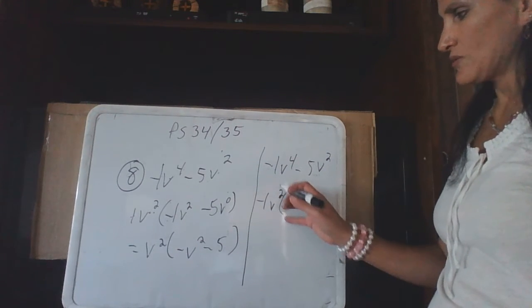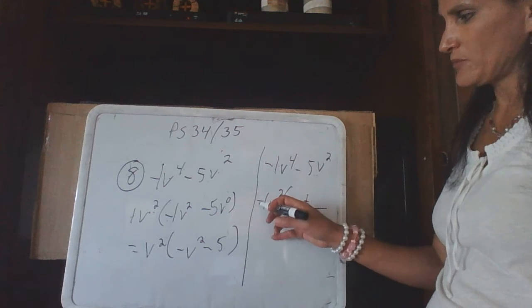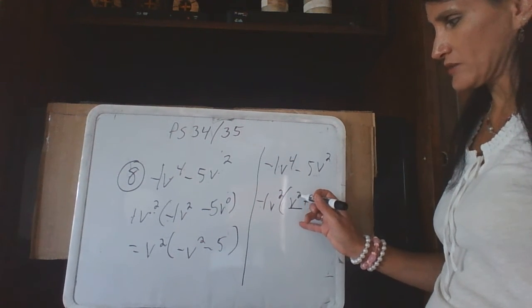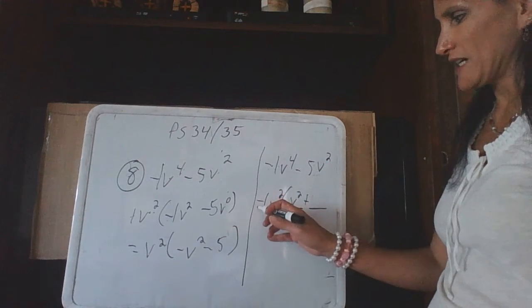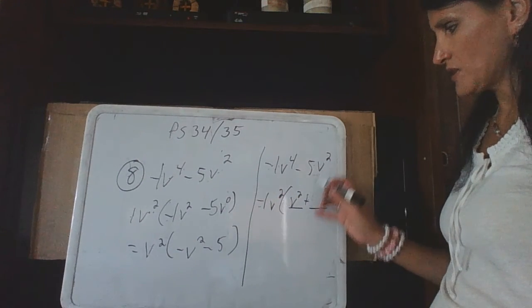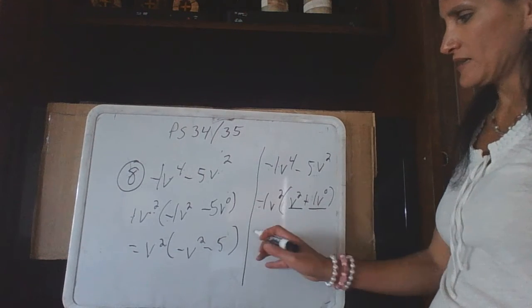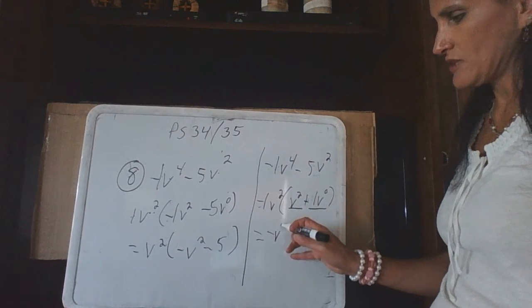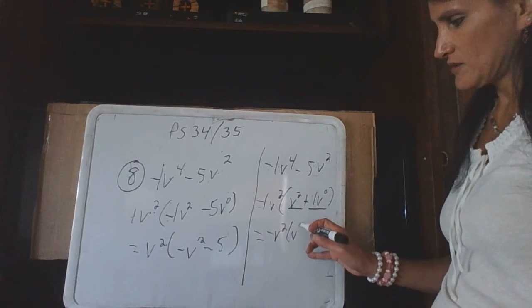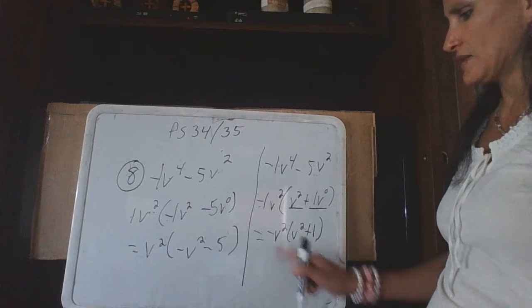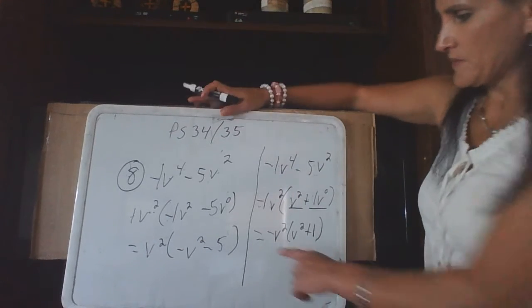Okay? So here, in other words, negative 1 divided by negative 1 would now be a positive v squared. Okay? A negative divided by a negative would be a positive 1v to the 0. And this would come out to negative v squared plus 1.